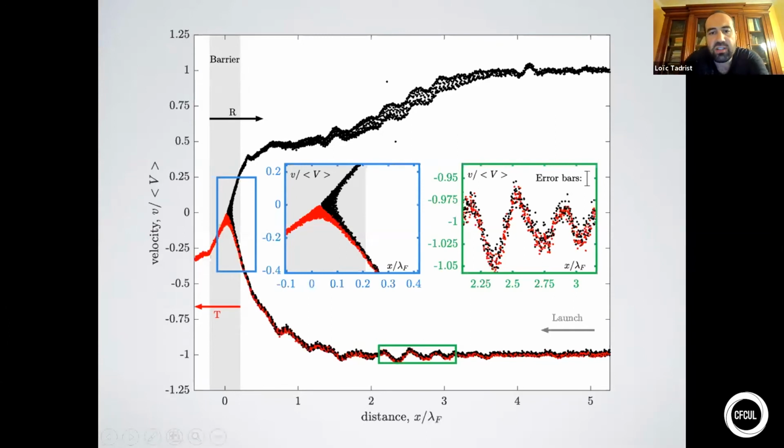So we refined our analysis by trying to understand the phase space. To do this, we plot the data points as the distance to the barrier and the velocity of the walker.